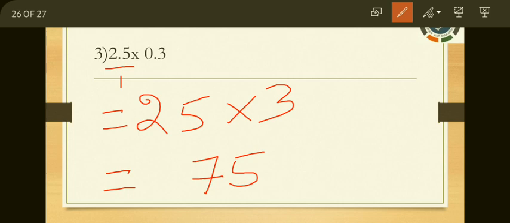Decimal point after 1. Here, decimal point after 1. So 1 plus 1, 2. So totally how many digits are there after the decimal point? 2. Now you keep the decimal point after 2 digits from the right. So answer is 0.75. The decimal point is most important.